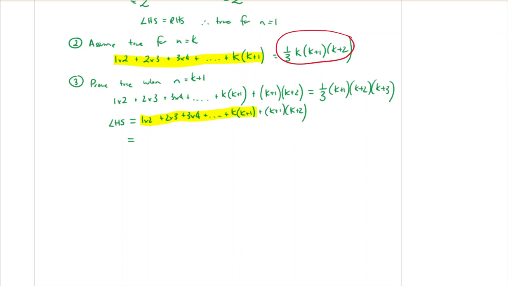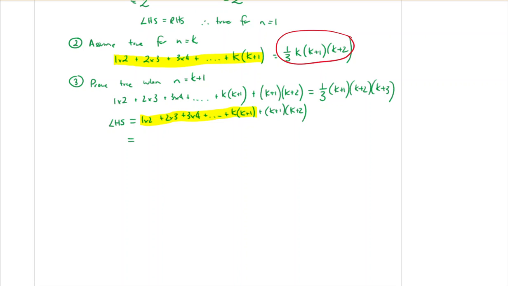Because this was my original question up to here, and I had to do an extra term because I wanted a k plus 1 term. So on the left-hand side, these are all the terms individually. Oh, right, I got it. So this is k terms up to here, and then I need a k plus 1 term. So I'm subbing k plus 1 into that part there. The k becomes a k plus 1, and the k plus 1 becomes a k plus 2. So it's always that one extra term on here.